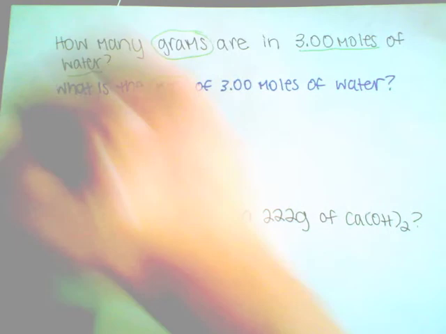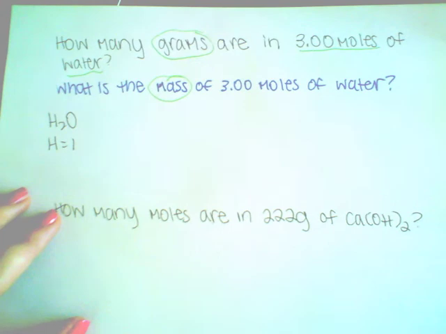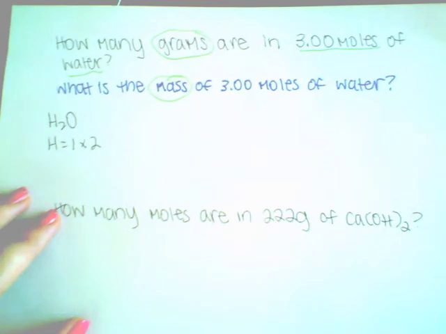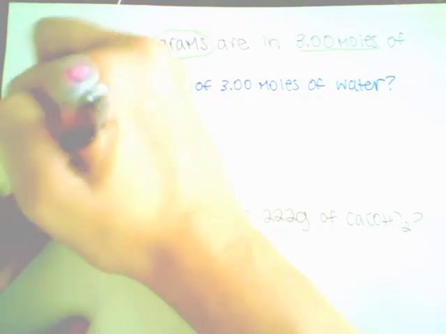So you have H2O, it's water. Hydrogen, molar mass is 1, and there are 2 hydrogens. Oxygen, the molar mass is 16.